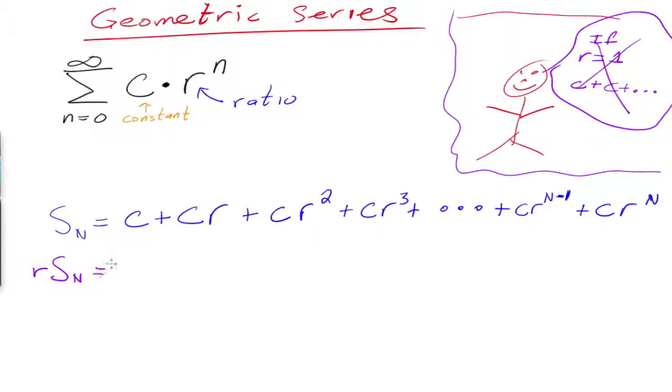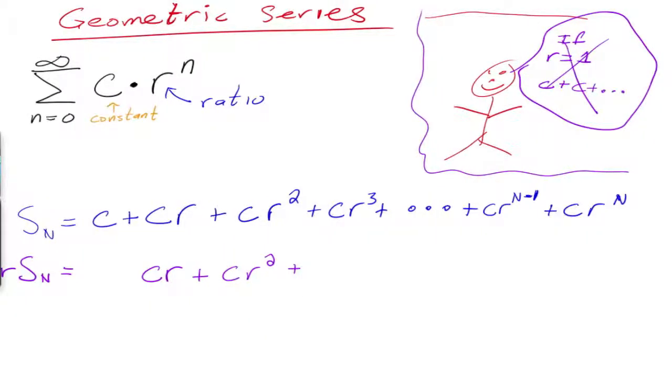So r times S sub n takes all of these and multiplies them by r. What's the first term going to look like? CR. Let me line them up, I'll put it right here. CR plus the second term, CR squared, plus. The very last term: if I multiply the last one in S sub n by r, it's going to be CR to the n plus 1.